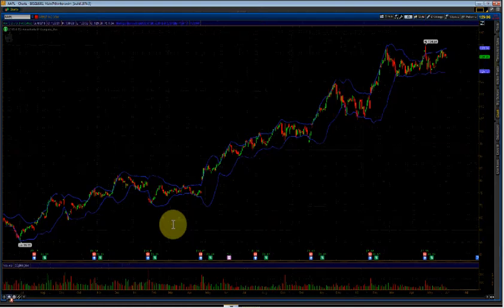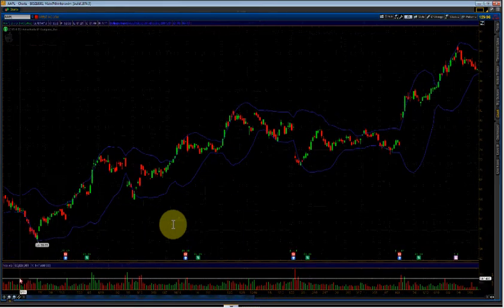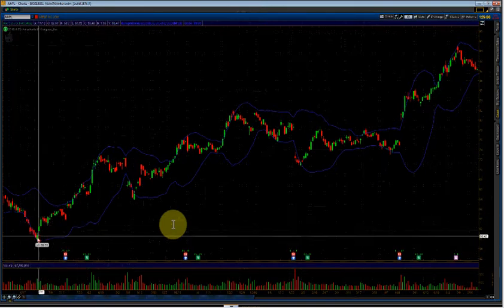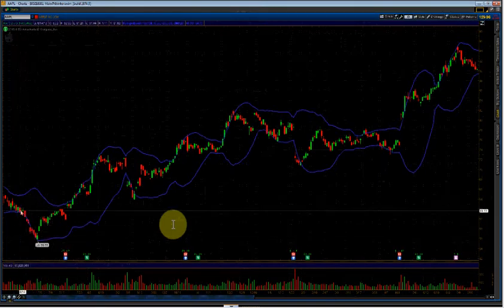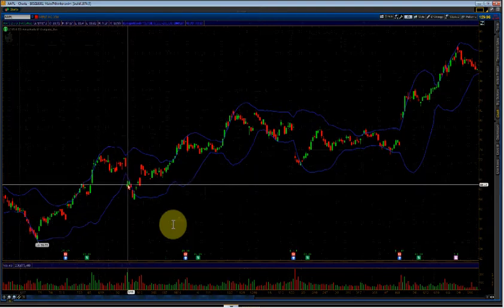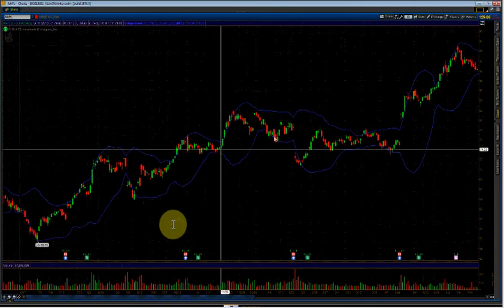I'm going to zoom in a little bit. If we go back through this, and you were going to just buy calls when it touched the bottom, you would have bought calls right here. Or you would have bought calls right here. That one still could have been a winner, but you'd have had to suck it up for a few days. You would have bought calls right here.